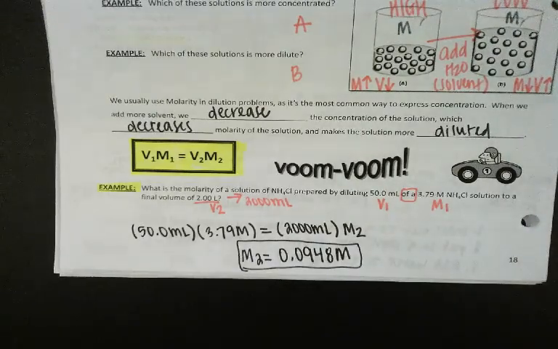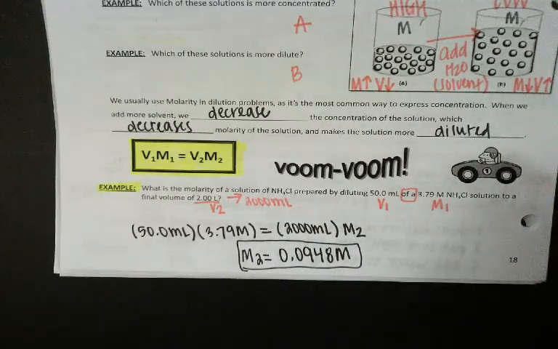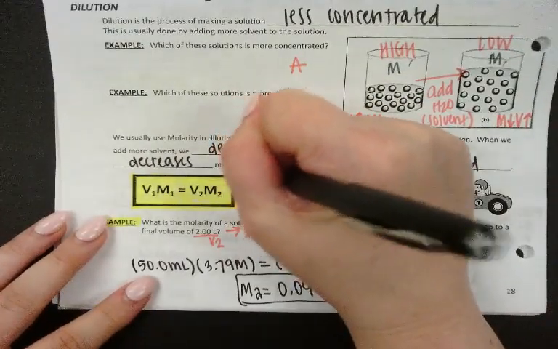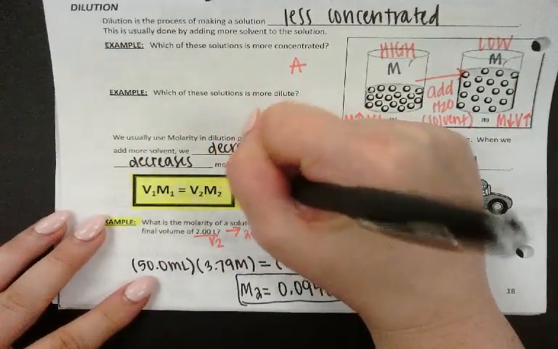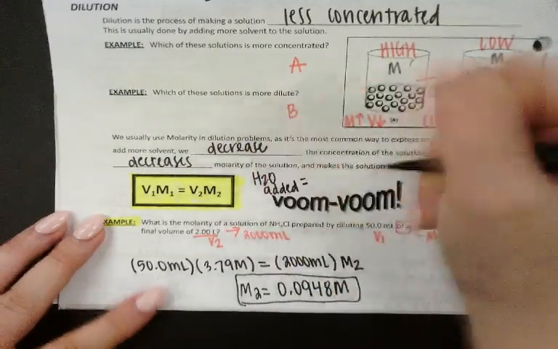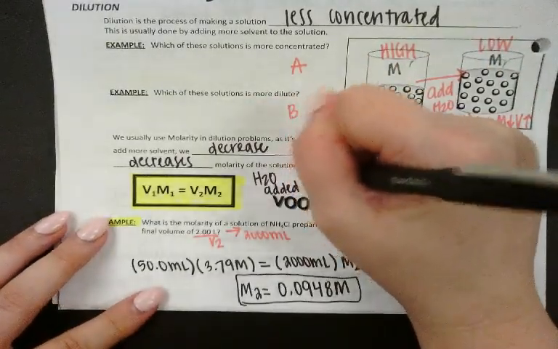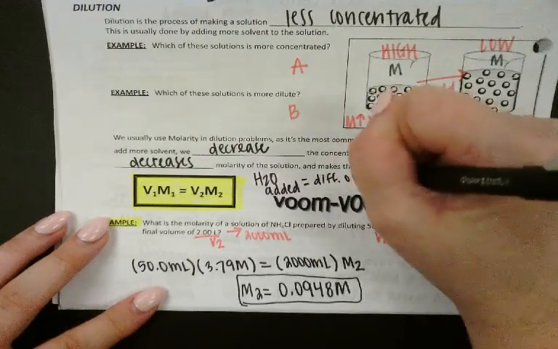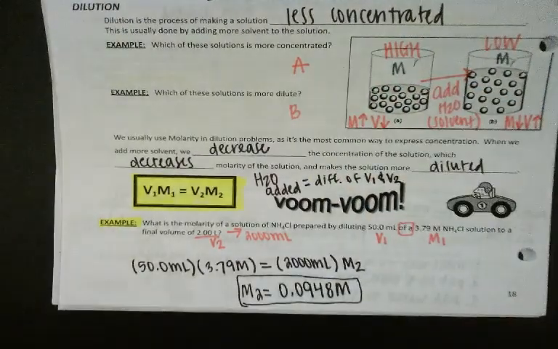There could be questions where I ask you about how much water was added, or you would have to use the information that I give you to figure out how much was added for that second volume. Okay? So if you see something about H2O added, all you do is take the difference of V1 and V2.